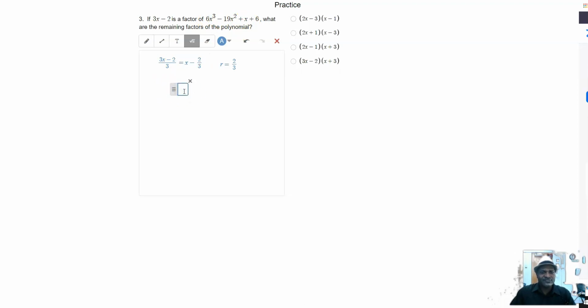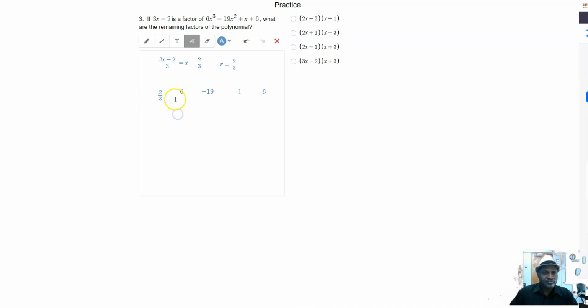I also have to divide all my coefficients by 3 as well. My coefficients as they stand right now are 6, -19, 1, and 6. Since I had to divide r by 3, I have to divide all of these by 3. Let me put my r value right here, 2/3.